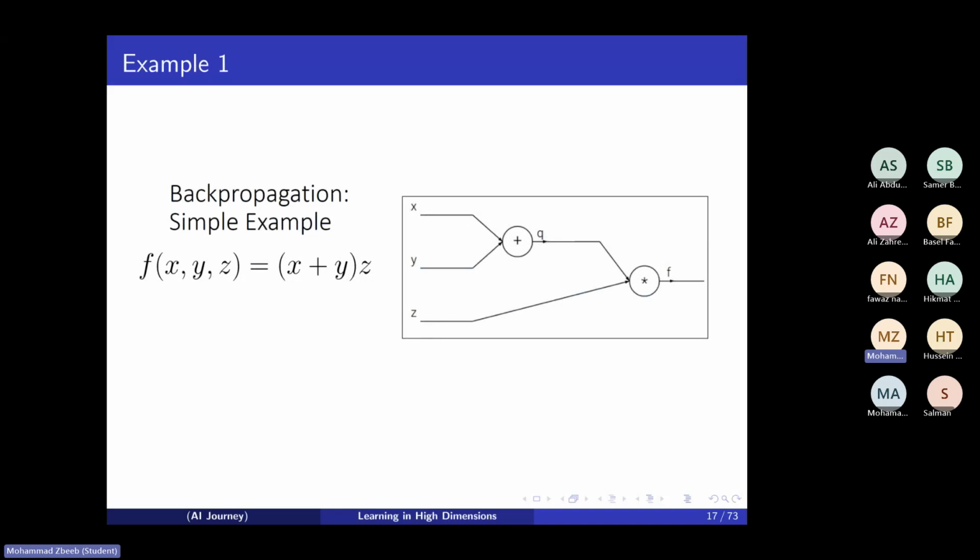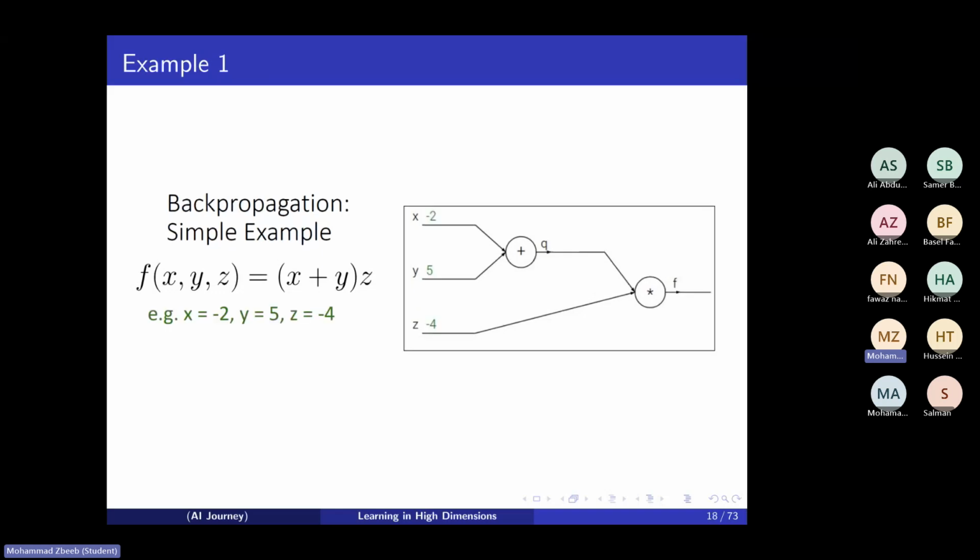So we're going to do backpropagation on a very simple example: the function (x plus y) times z. In the differentiation graph, we have x plus y in a gate, producing a local variable called q, and then I'm multiplying q with z, and I'm getting my answer f.